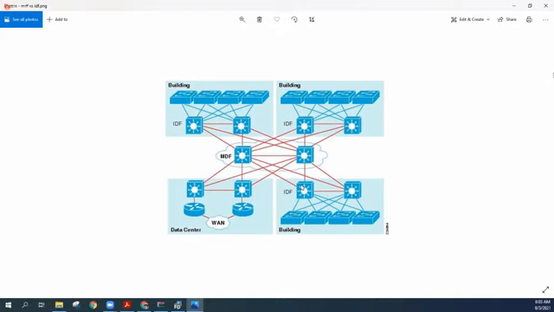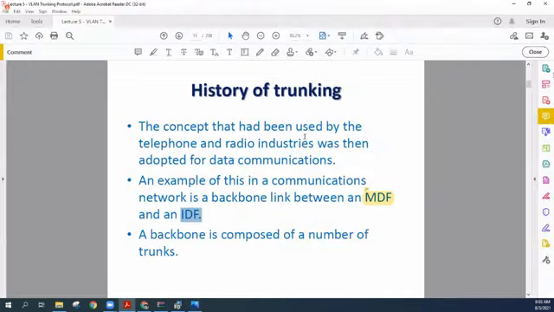I do not remember exactly what IDF stands for. I think I put it somewhere. It is not there. This is the main distribution frame. What is that?